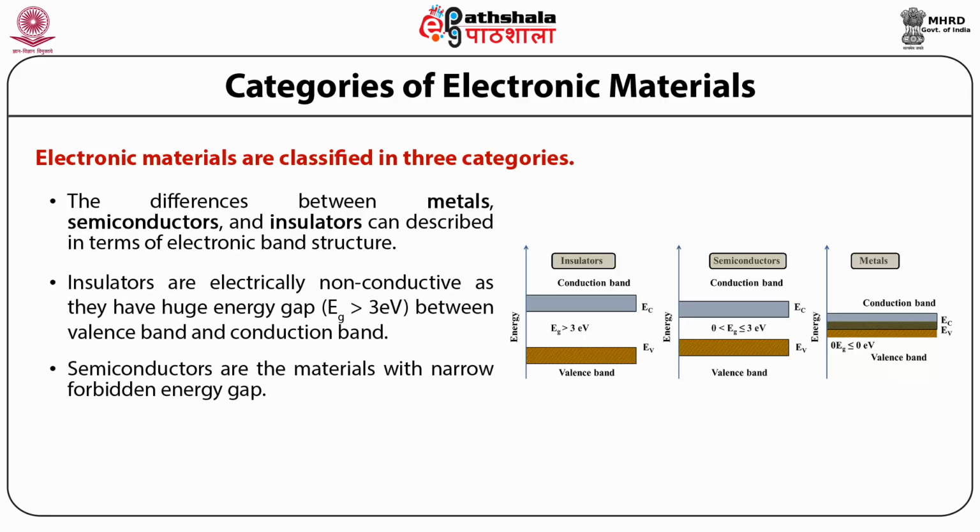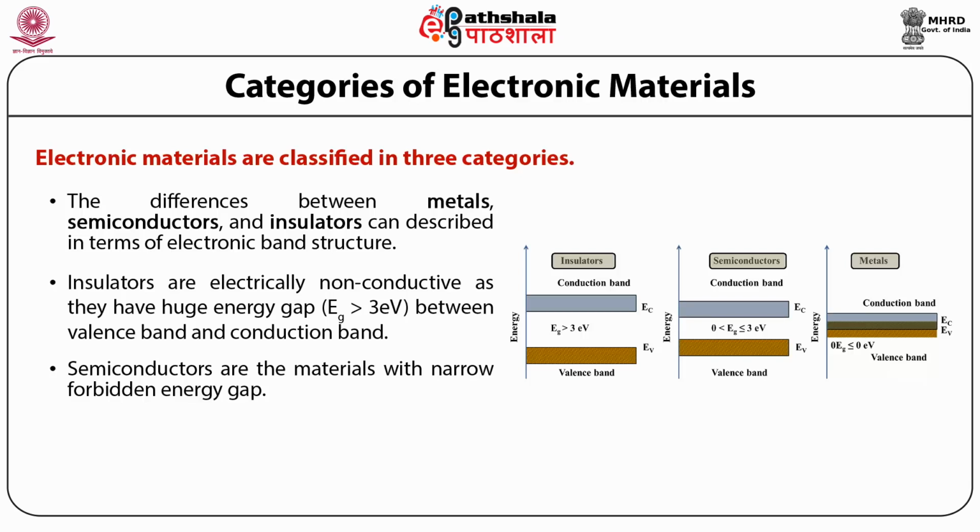Next is semiconductor. Semiconductors are materials with a narrow forbidden energy gap. At low temperature, they do not conduct any electrical current and behave nearly the same as insulators. However, at higher temperature, some of the electrons in the valence band gain sufficient energy to jump into the conduction band.